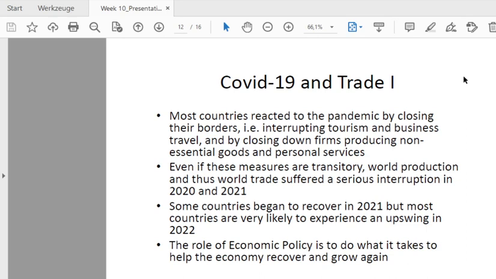After that, it's time to open up the economy again, to let tourism flow in and to let business travelers do their work. And of course, non-essential firms should also be allowed to start producing again. So these are the issues that are important here. And in most countries, that is the path that economic policy has chosen.